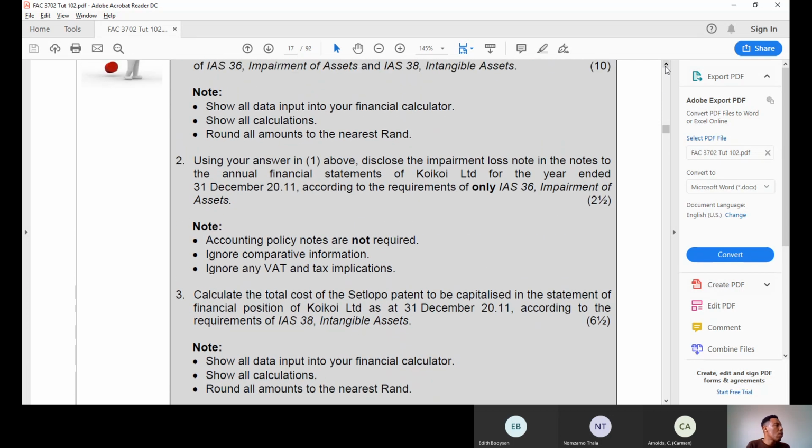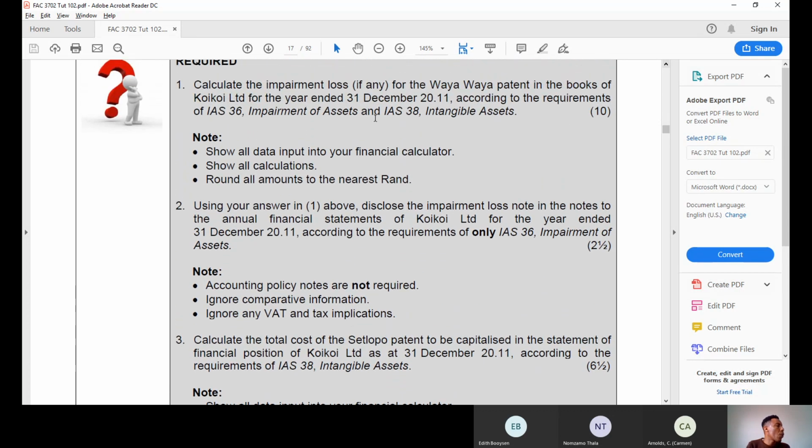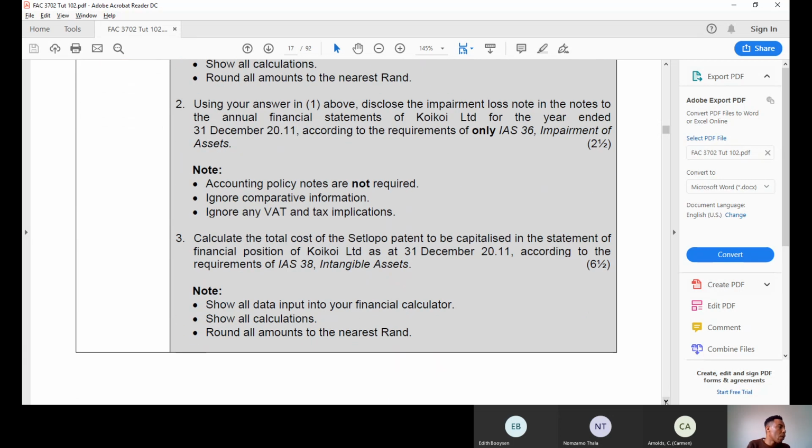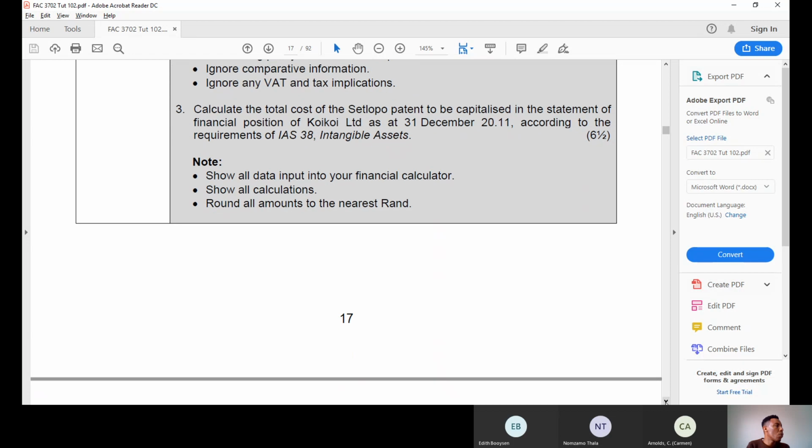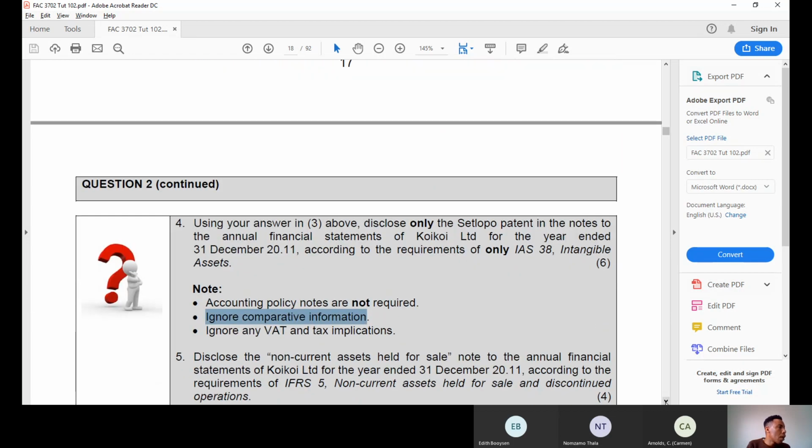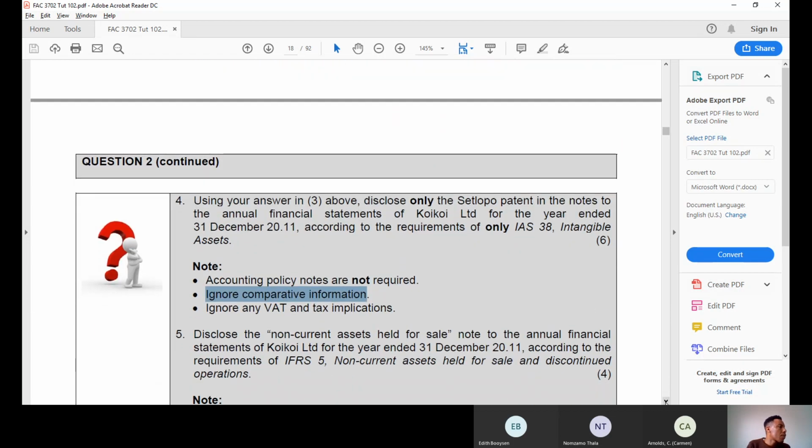Or you could do number 1 with the notes, or number 3 with the notes. You could have done number 1 with requirement 4, or number 3 with number 4 and number 5, whichever way you're going to do it. But let's do them individually for now.